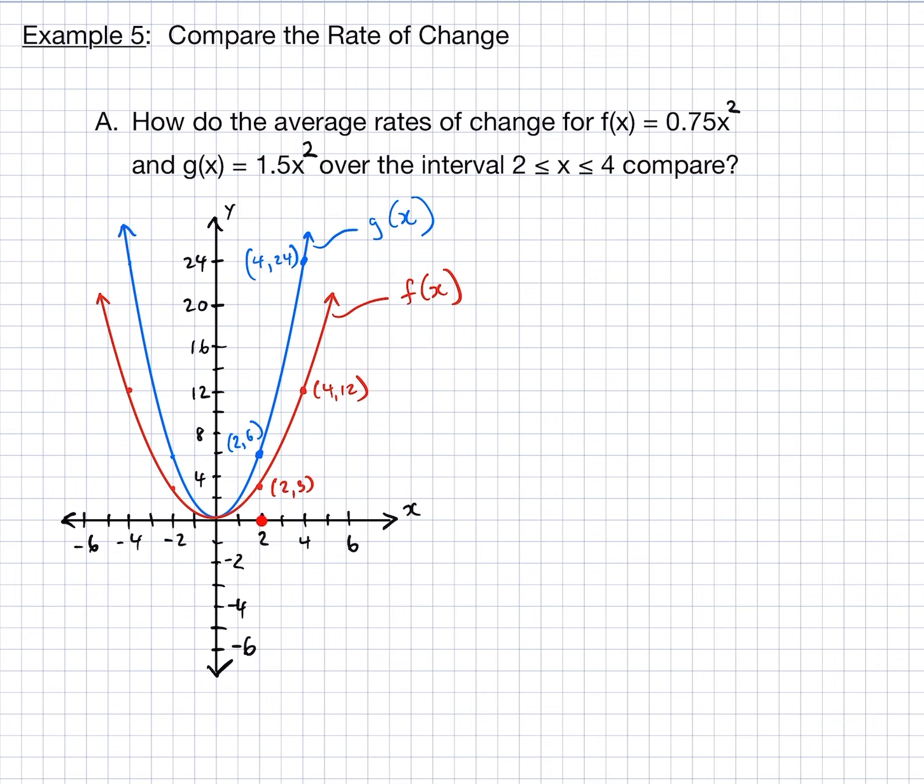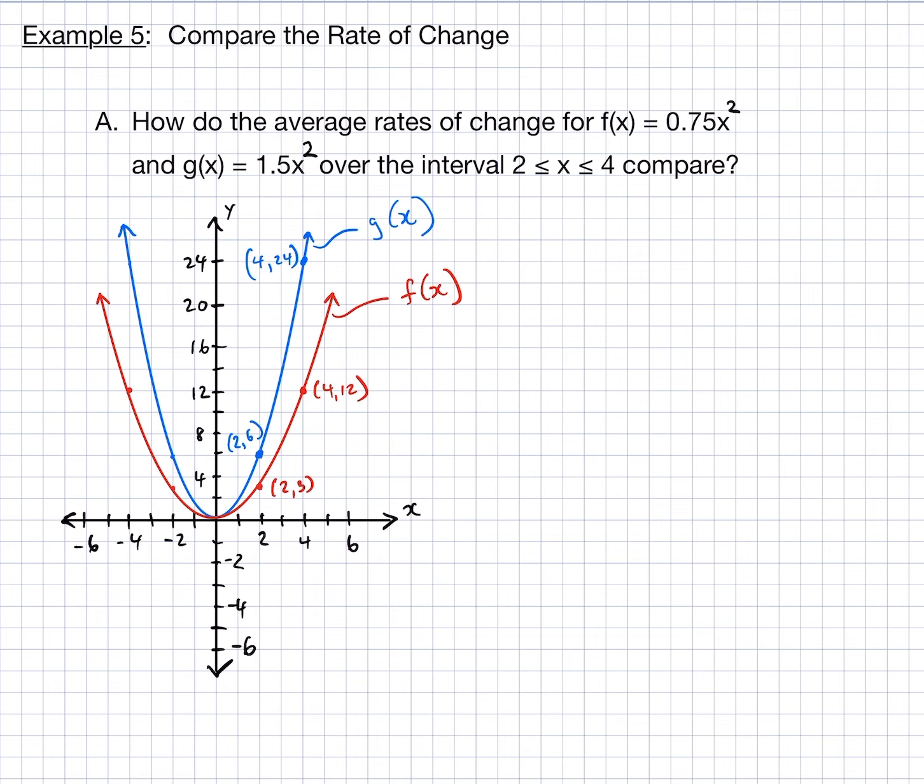So what we're looking for is the interval from 2 to 4. The interval from 2 to 4 equates to this point here and this point here for f of x, and for g of x, it would equate to this point here and this point here.